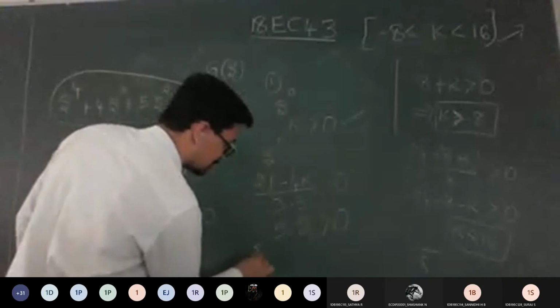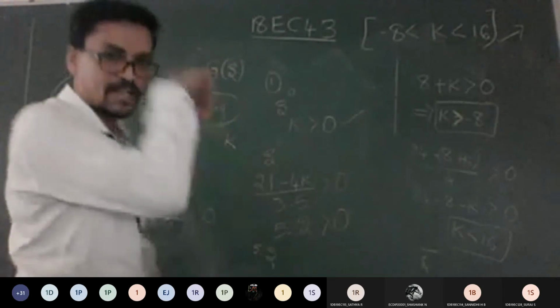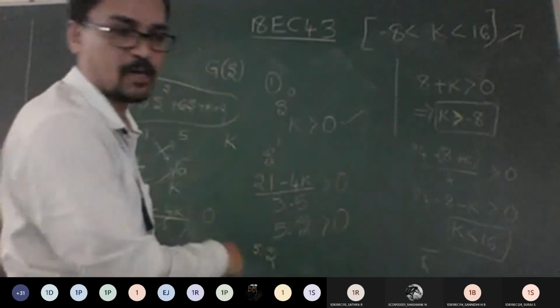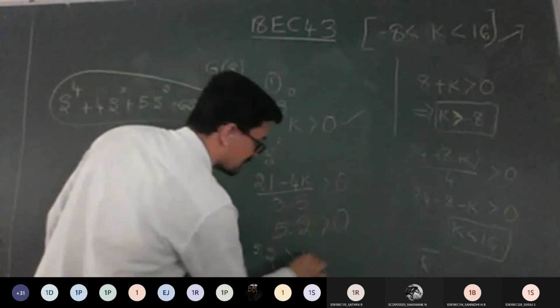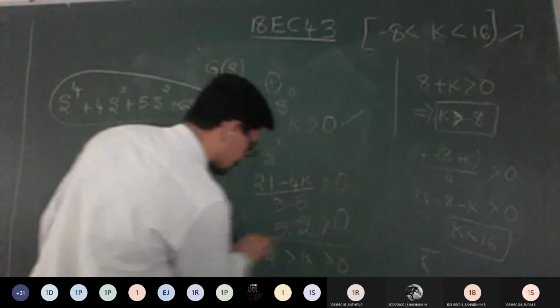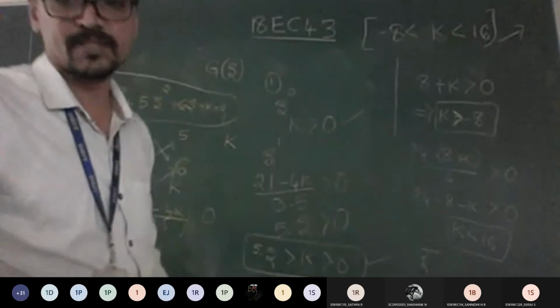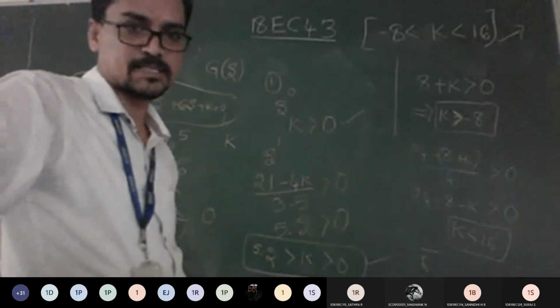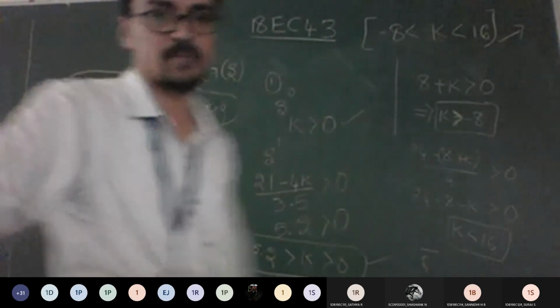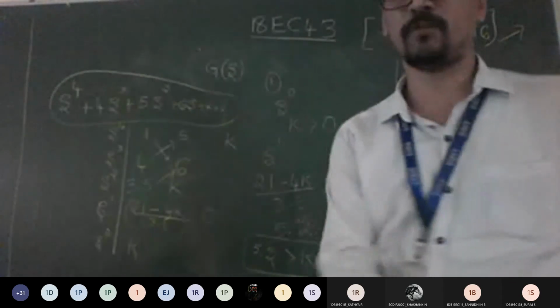Therefore, you have to start with your highest coefficient: 21 by 4 greater than k greater than 0. So this should be the range of k such that the system is going to be stable.